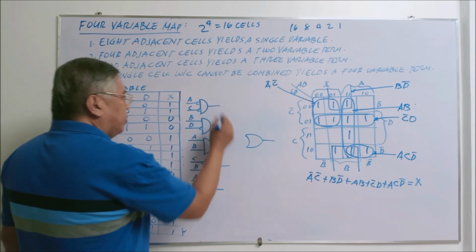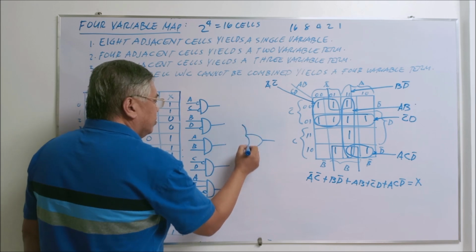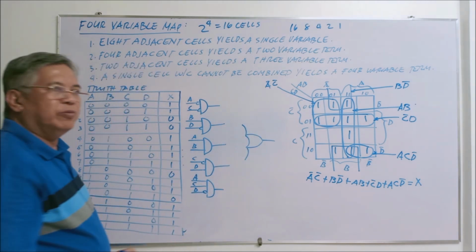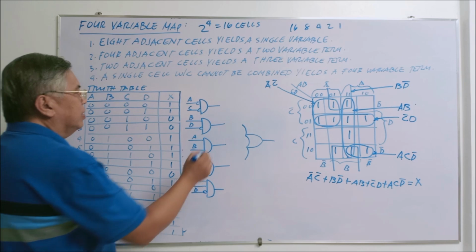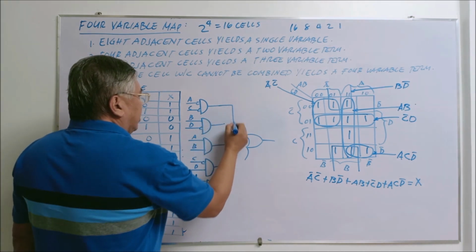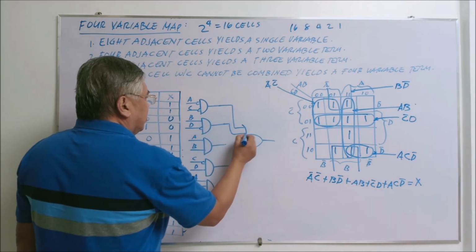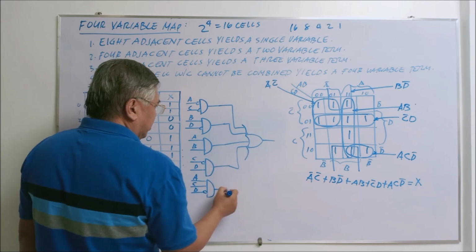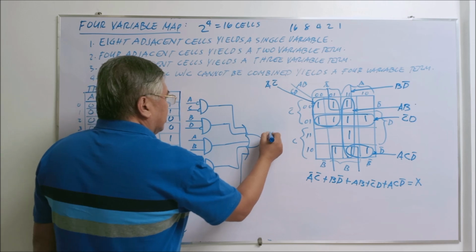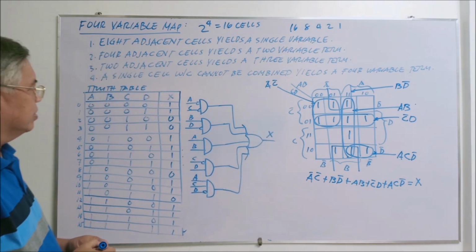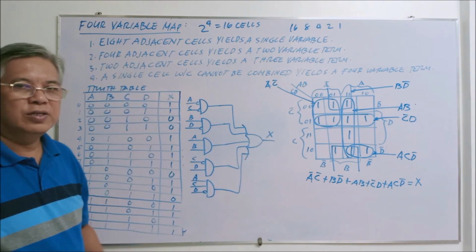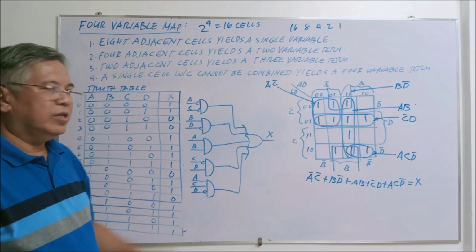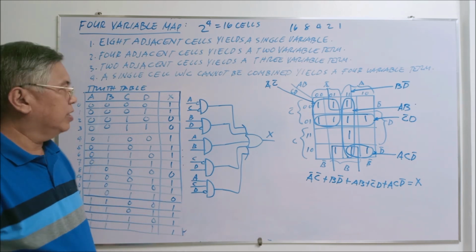So if you have many inputs, all you have to do is to extend the input part of your OR gate. Okay, so this will be our logical circuit equivalent, and this will be your X. Okay, so that is our simplified logical circuit.